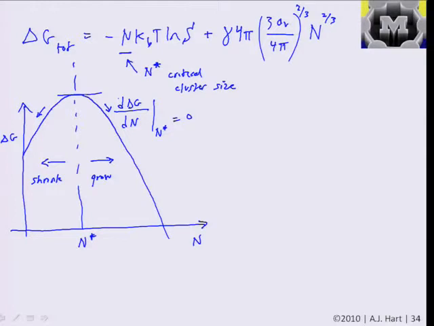So if we take the first derivative of our initial expression and set it to 0, we would lose the n from the first term, and then we would end up with an n to the minus 1/3 on the second term. So we'd get that this is equal to minus kBT times the natural log of the supersaturation plus we then have 2/3 multiplied by 4 out front, so 8/3 pi times gamma.